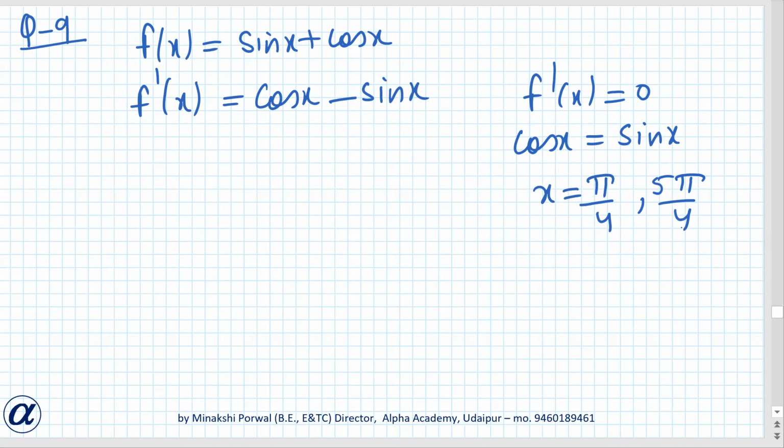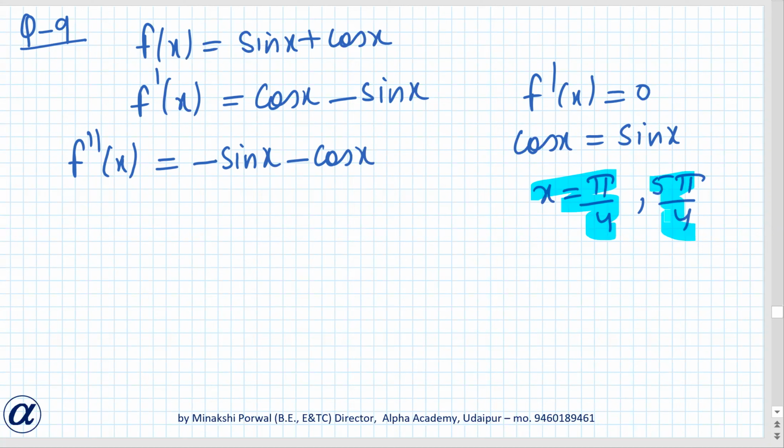Okay, so now we'll find f double dash x. F double dash x will be minus sin x minus cos x. Now these are critical points, so at these points we'll check whether f double dash x is positive or negative. F double dash x at pi by 4 will be minus sin 45, that is minus 1 by root 2, and cos also minus 1 by root 2, so it is negative. So it is less than 0.